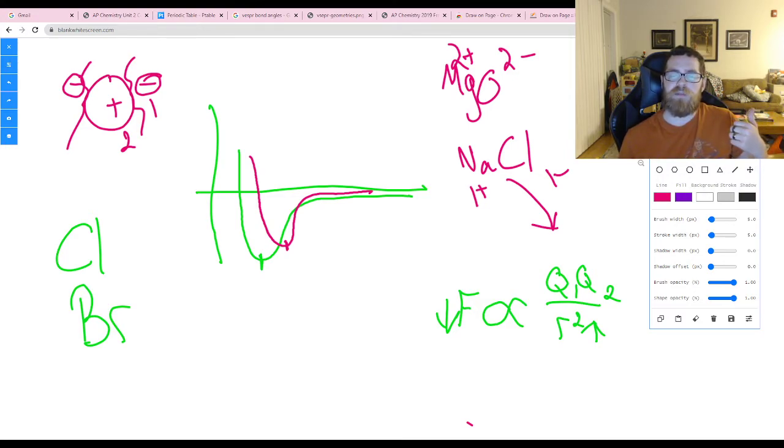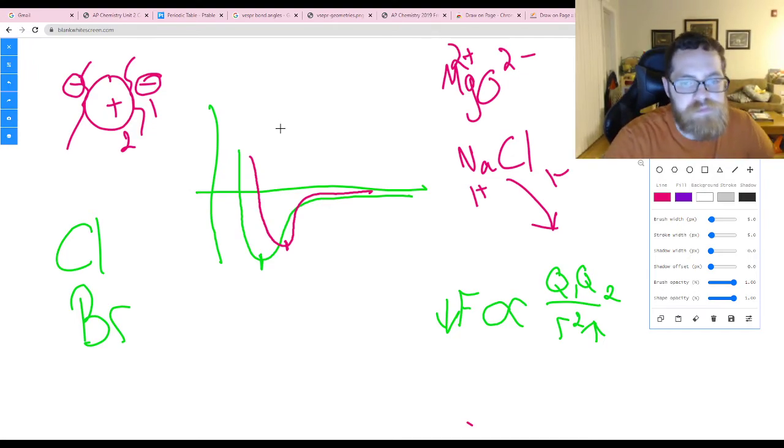We can look up a number if we need to find it. What we care about here is what it causes, and we don't need the number to realize what it causes. Right, so it causes this bond to be weaker than this one. So you could compare the strengths of these bonds using this.